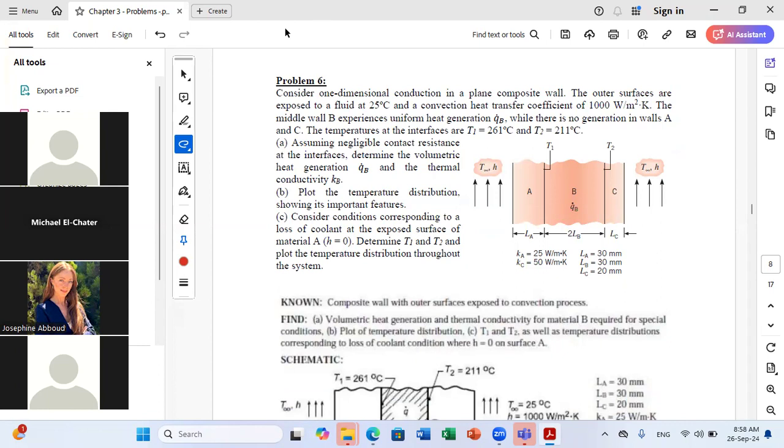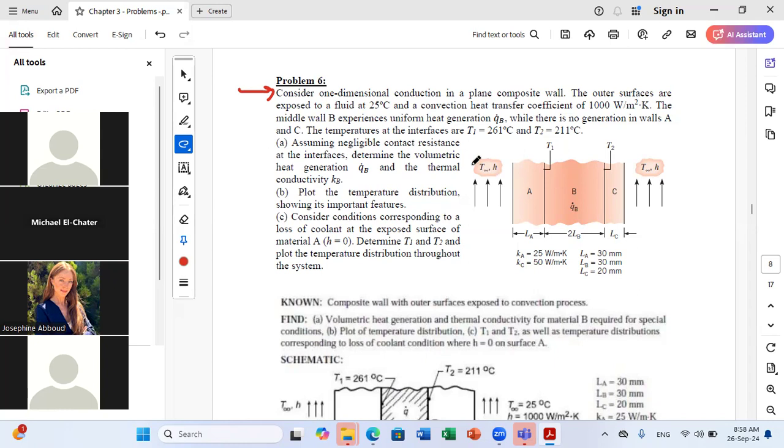Yes, doctor. In this problem, we consider one-dimensional conduction in a plane composite wall. The outer surfaces are exposed to a fluid at 25 degrees and a convective heat transfer coefficient of 1000 watt per meter squared Kelvin. The middle wall experiences uniform heat generation, Q dot B, while there is no generation in walls A and C. This is a very important problem.